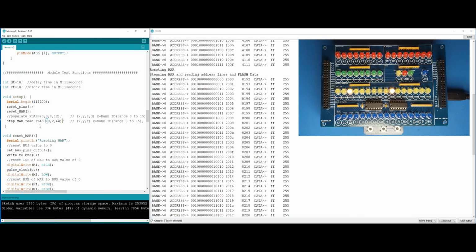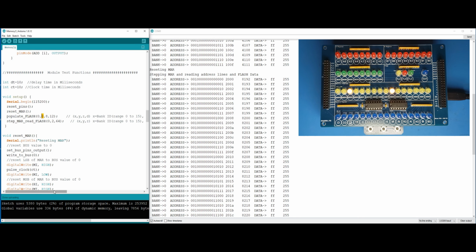Now let's move on to writing to the flash. I have a different function here to write to the flash, which we call populate flash. It takes 4 parameters, as you can see on the screen. The first parameter, again, is our bank ID, which has a range from 0 to 15, because we have a total of 16 banks.